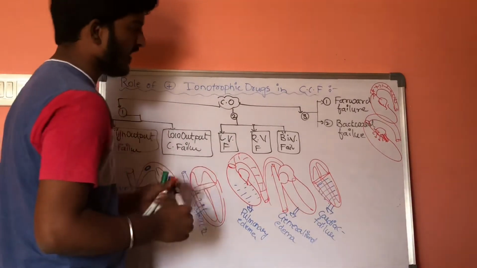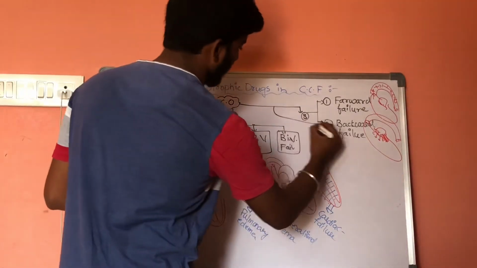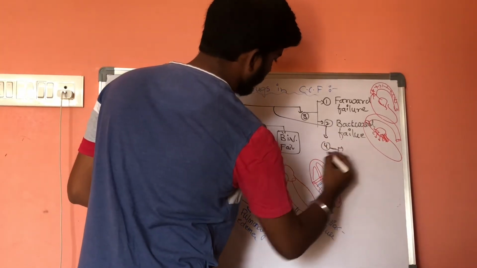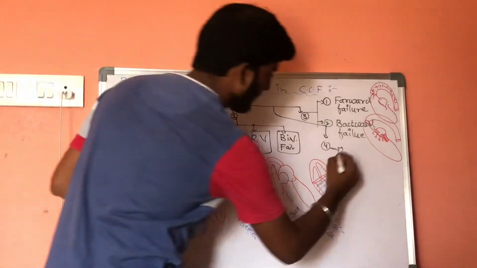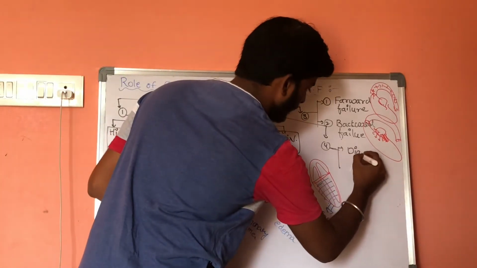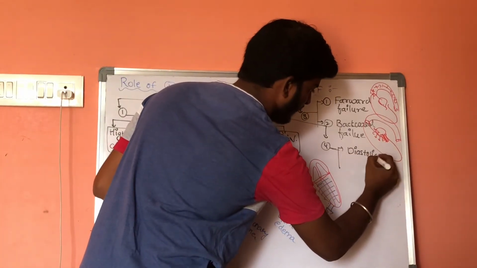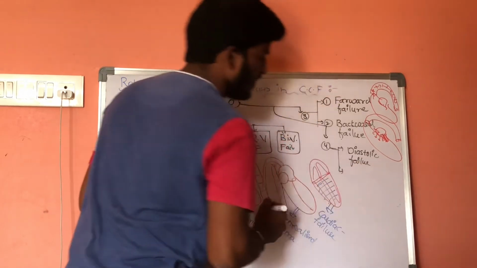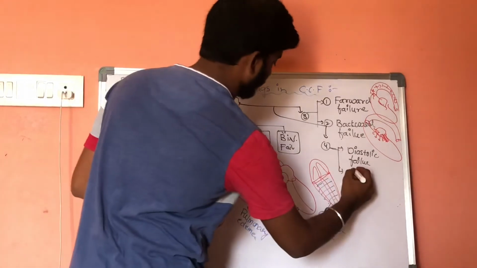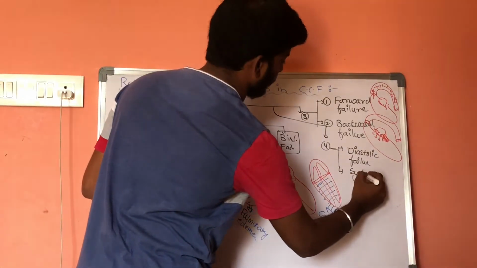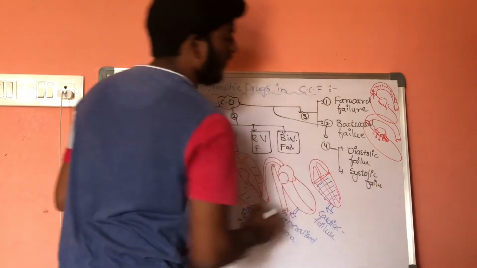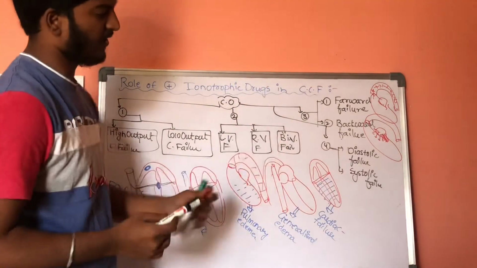And there is another class of classification, that is the fourth class of classification. Again, it is divided into diastolic failure and the other one is systolic failure. What do diastolic failure and systolic failure mean?